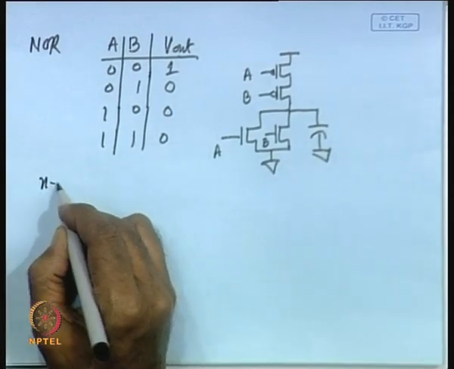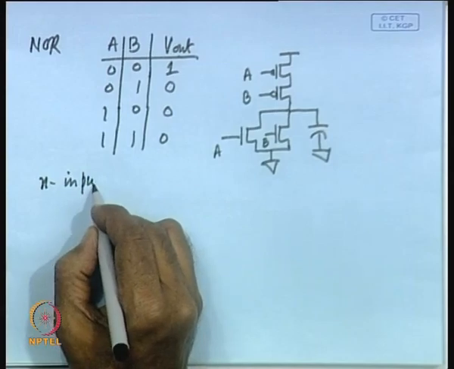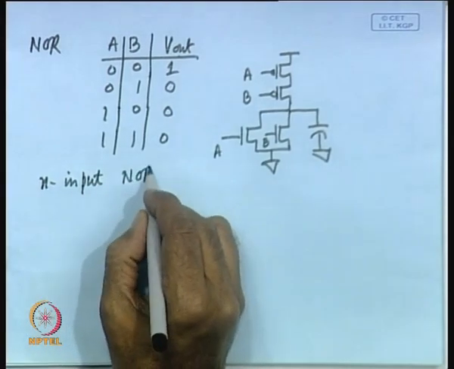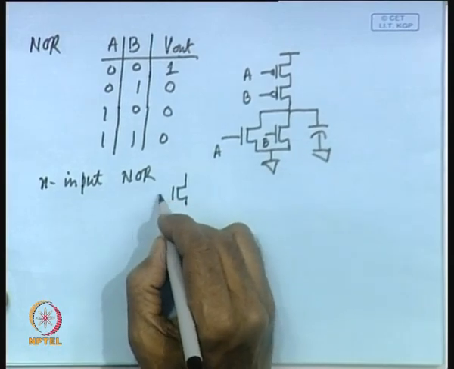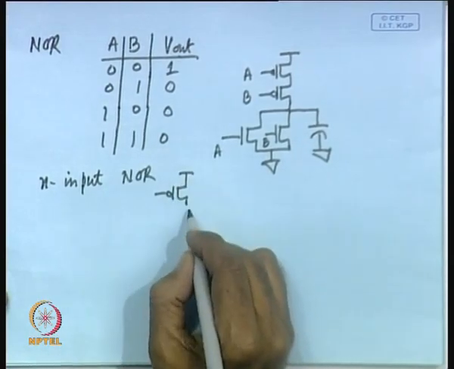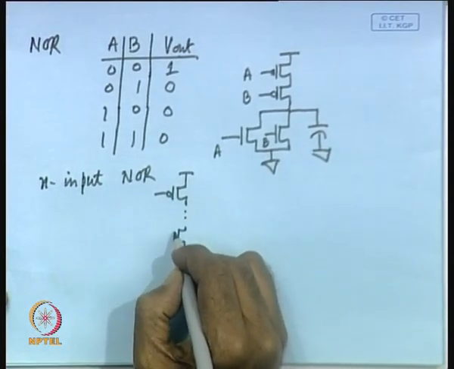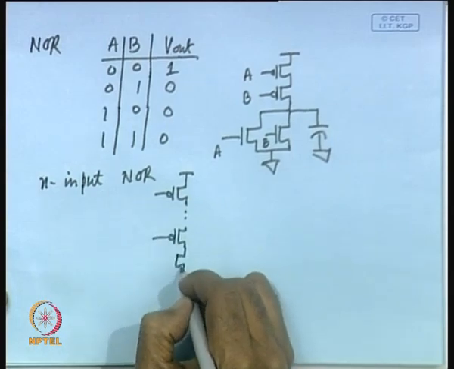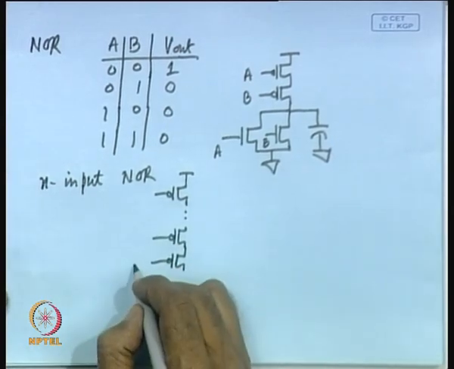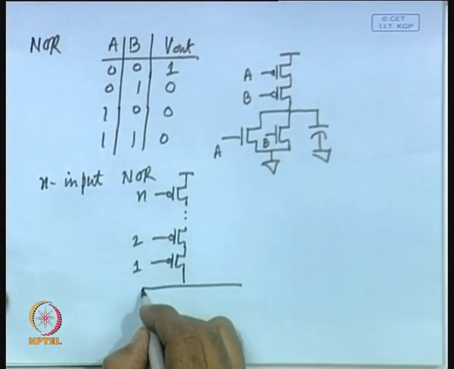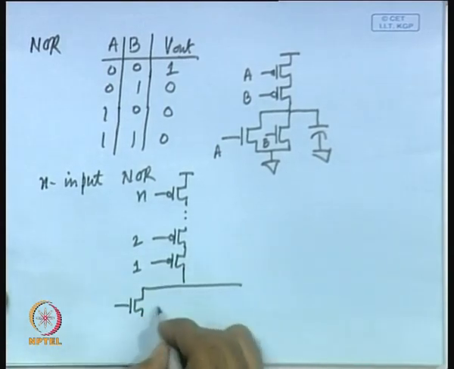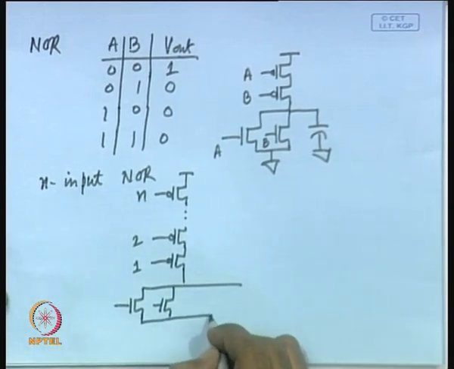So, this is how a 2 input NOR gate can be realized, and the idea can be extended to realize an n input NOR gate. So, an n input NOR gate will have n PMOS transistors in series, 1, 2, n, and n NMOS transistors in parallel in this case.